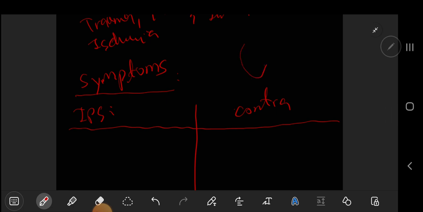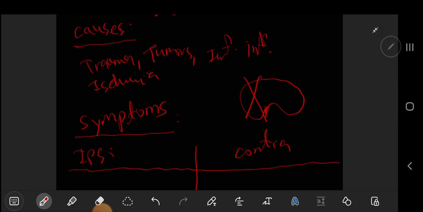And it is very interesting because you need to understand the neuroanatomy in order to understand why it caused this lesion. So if I have a one-sided lesion, what are the things that are damaged?